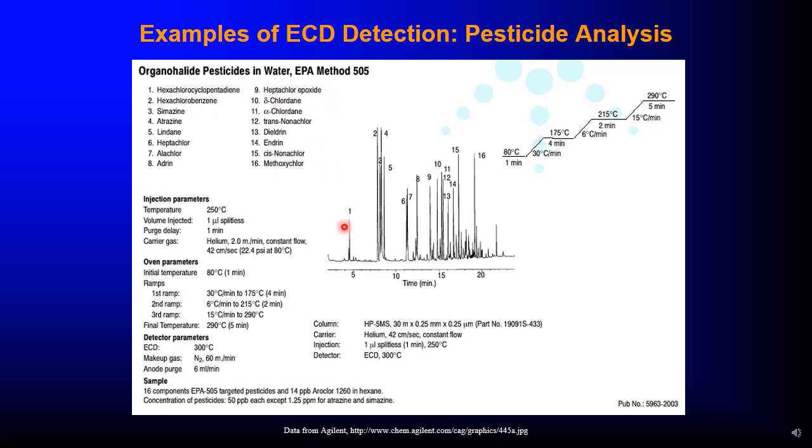So you can see some of the results that we are seeing there. Examples are dieldrin, endrin, and other pesticides that we know of, which are detected in water.